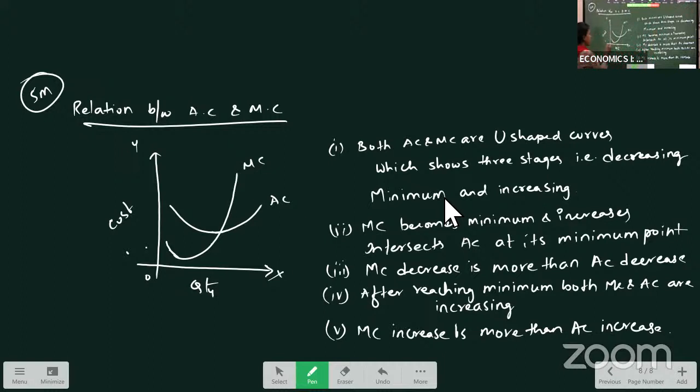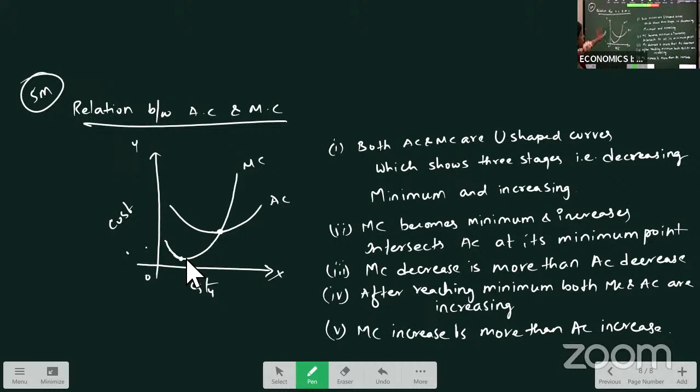Okay, MC becomes minimum, then starts increasing, and it intersects AC where AC is minimum. And when MC is decreasing, its decrease is more than AC. Both MC and AC, after reaching minimum point, start increasing. When they are increasing, MC increase is more than AC increase.